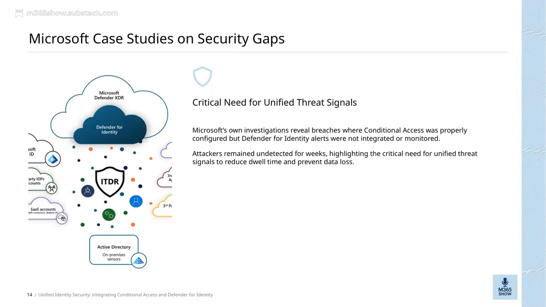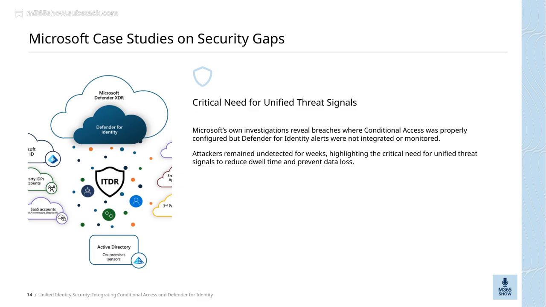Let's look at some real-world insights from Microsoft's own investigations into security gaps. They found cases where conditional access was properly set up, which is great, but the problem was that Defender for Identity alerts weren't integrated or monitored effectively. This means that even though the initial controls were in place, the alerts that could detect suspicious activity weren't being acted upon. As a result, attackers stayed hidden for weeks, undetected, which is a serious risk.